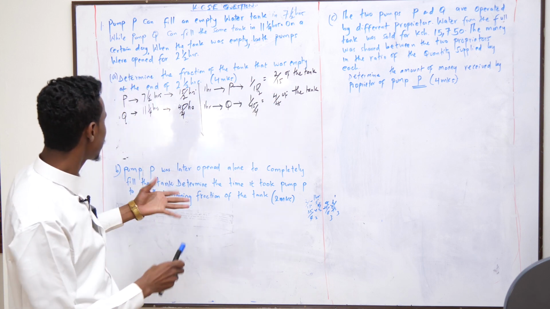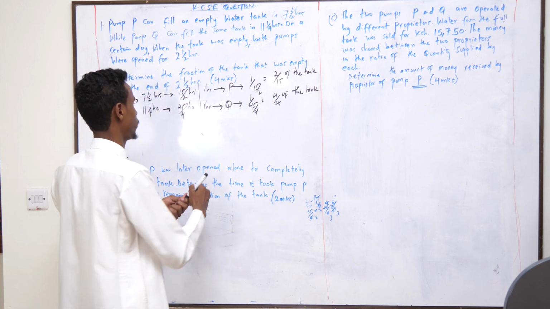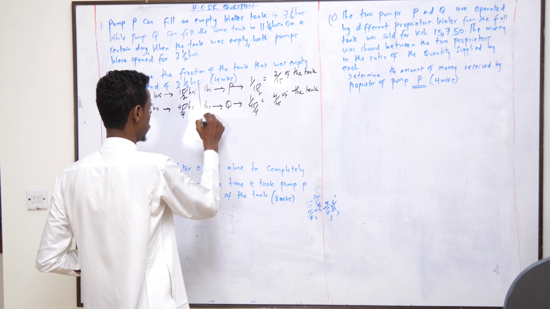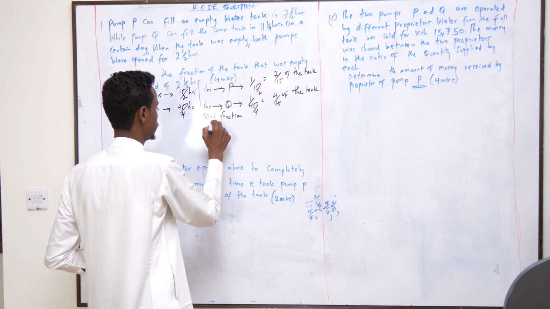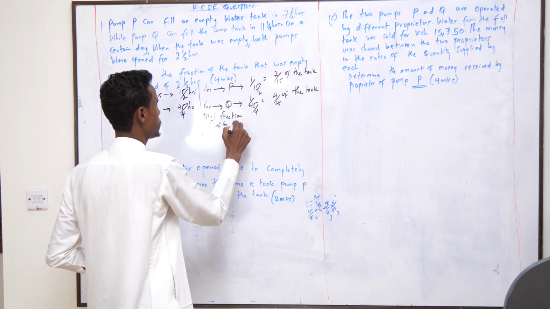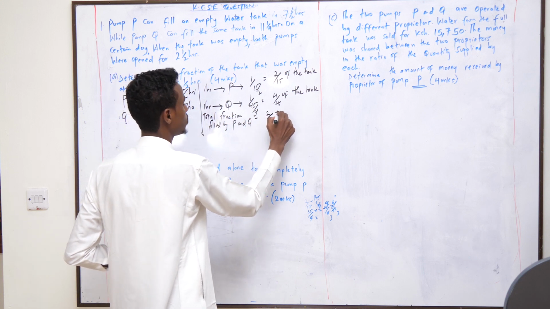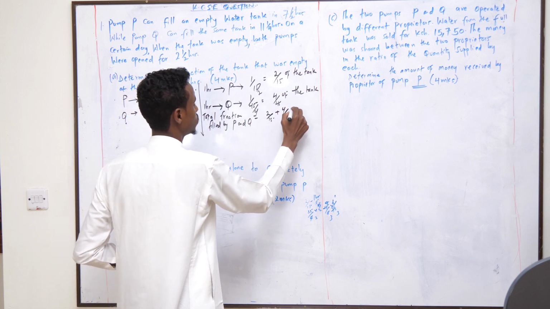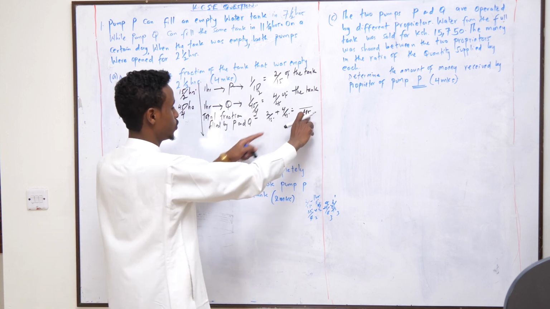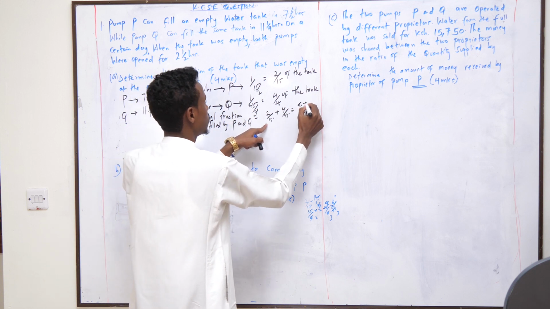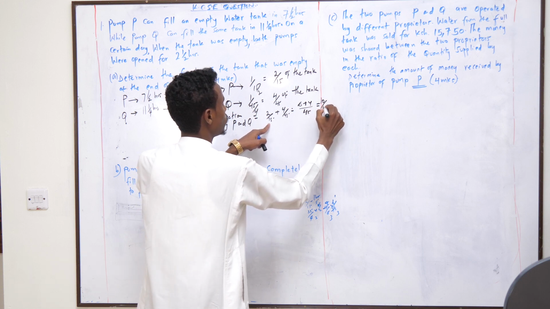Now, what's the question? The total fraction filled in 1 hour by both pump P and Q. It will be 2 out of 15 plus 4 out of 45. The LCM is 45. 45 divided by 15 is 3, 3 times 2 is 6, plus 4, that is 10 out of 45.